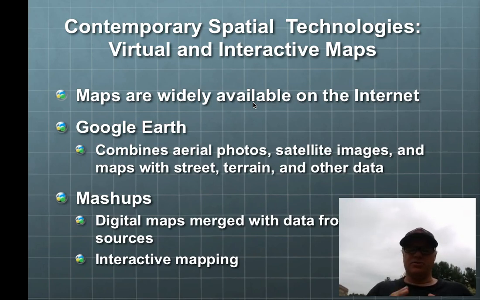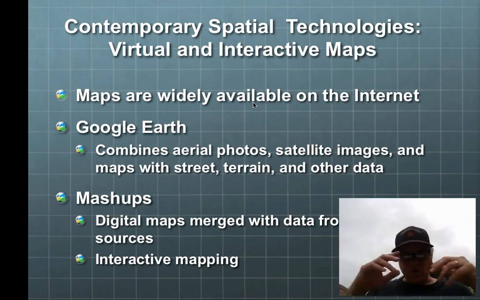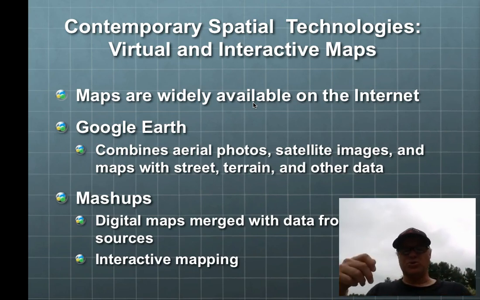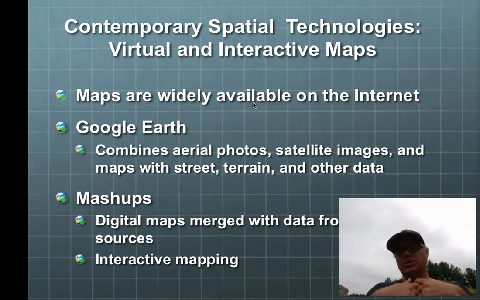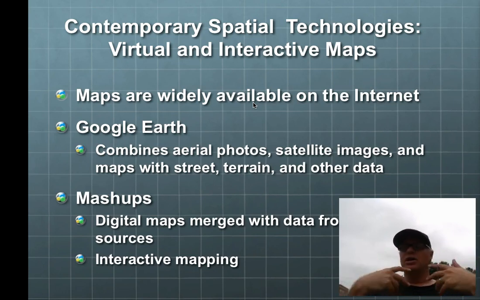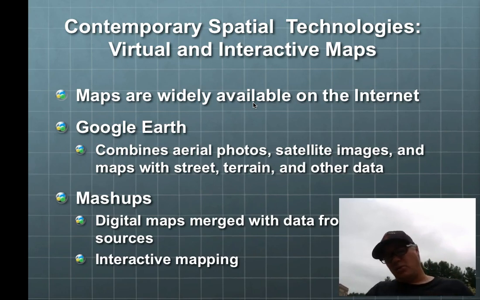And both in terms of platforms like Google or Apple Maps, but also in terms of mashups, where you take digital maps and merge them with data that you either put in yourself or get from other sources, right? More interactive mapping. And we'll see in our first assignment exercise for this class some examples of how people are using these geographic information systems and this data that they're collecting that's got a spatial component to it, and how they're making these different maps, whether it be political maps or maps of where jobs are or all that kind of stuff.